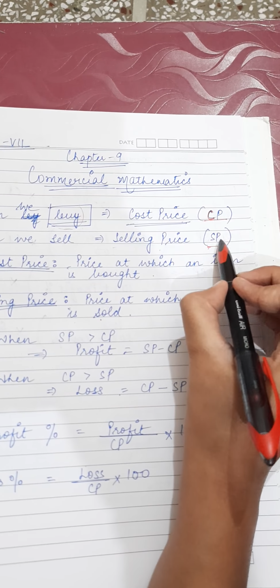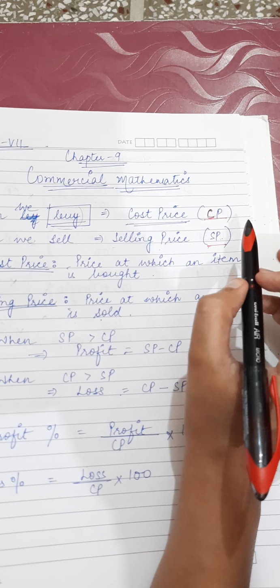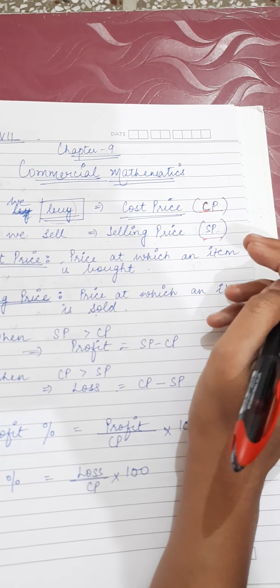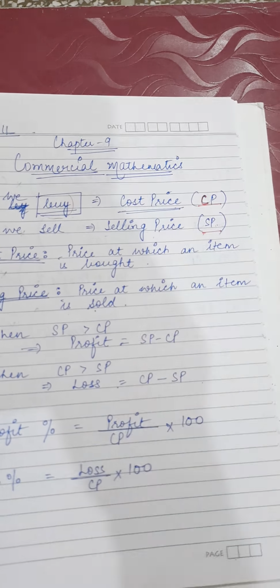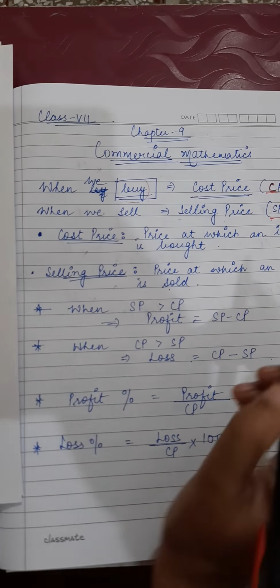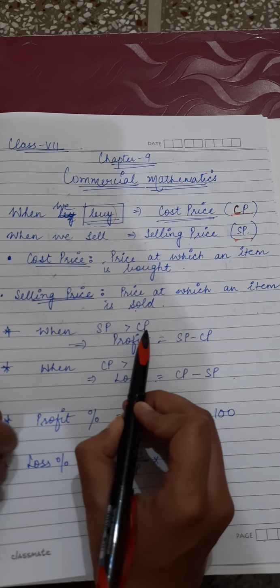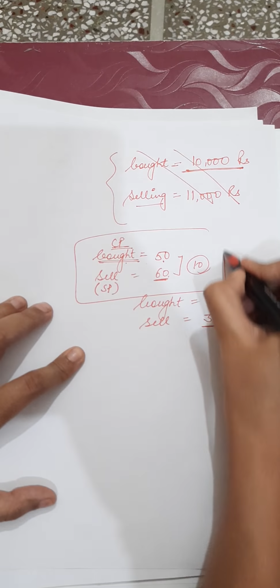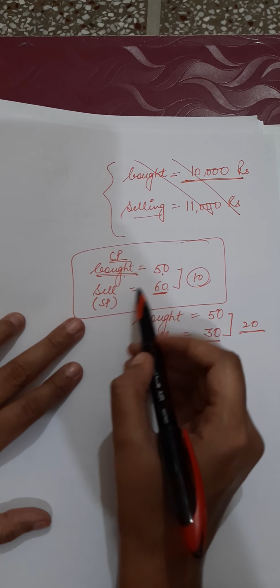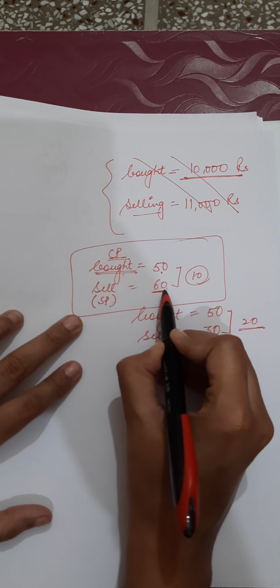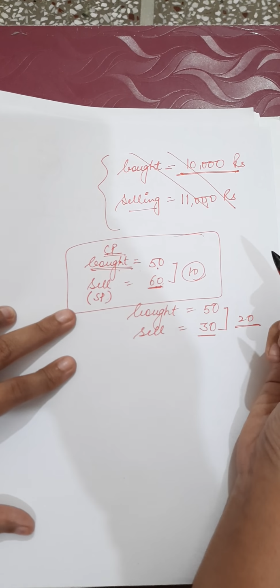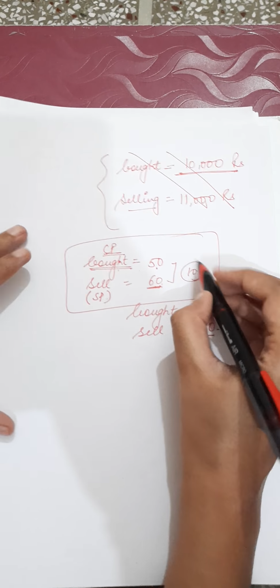Now on the basis of these two terms, knowing which one is greater, we can get to know whether we are having a profit or a loss. When my selling price is greater than the cost price, as you can see in this example, I sold for more, which means I got a profit.